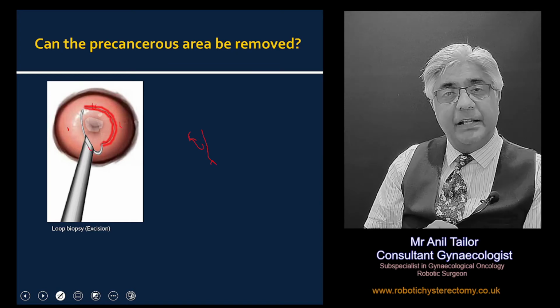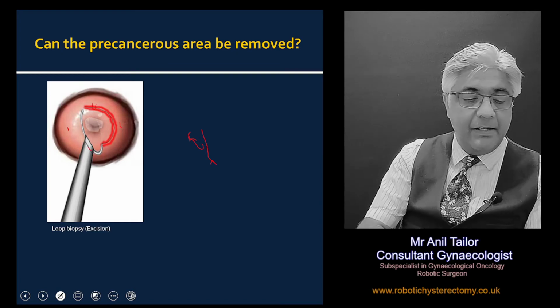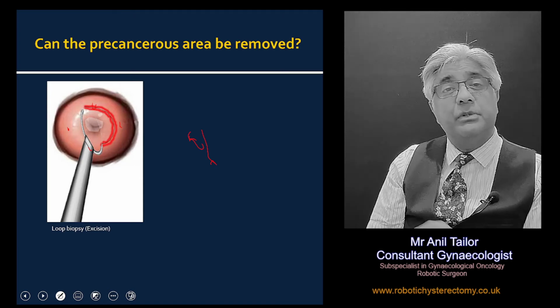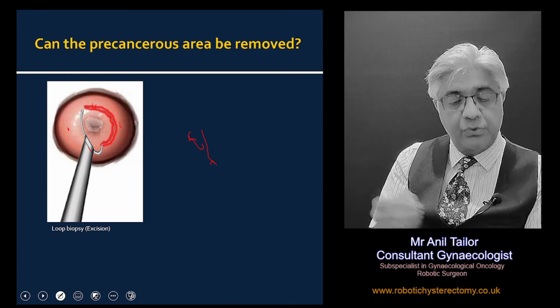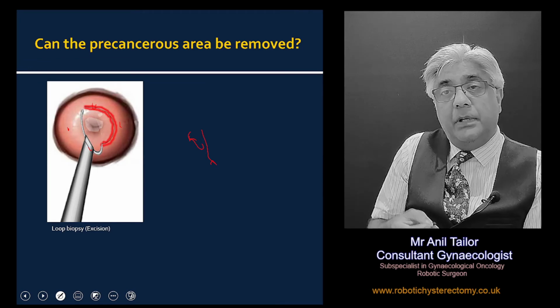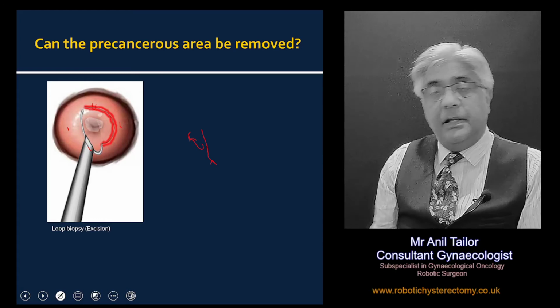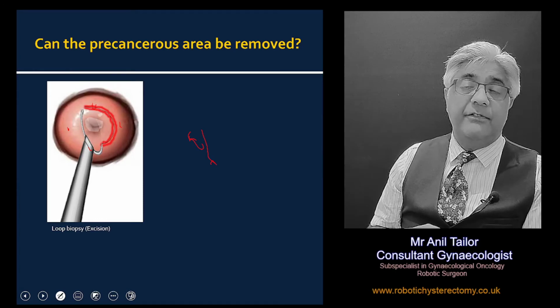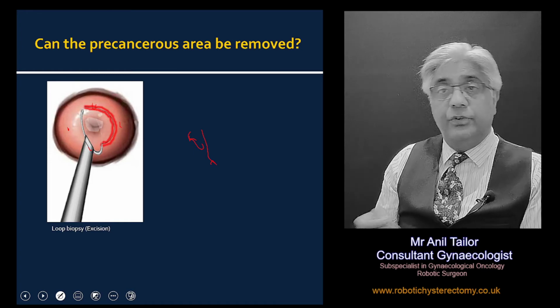Once that local anesthetic is in, we will use a very thin wire, and using a special current through that wire, we'll be able to scoop away that white area. That would then be looked at under the microscope, and the pathologist would be able to verify whether it has been removed or not.